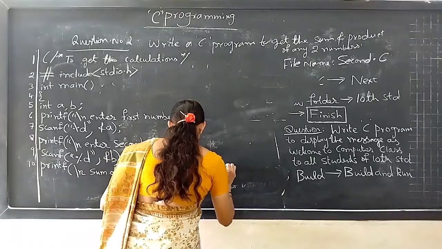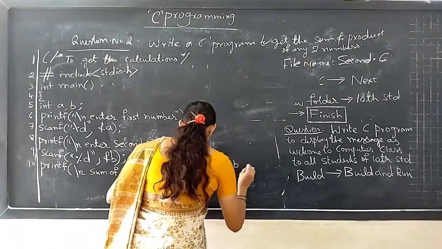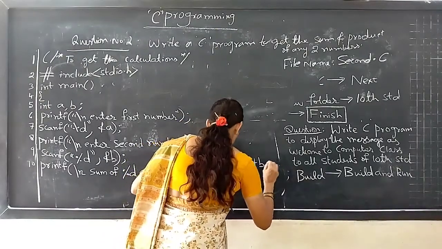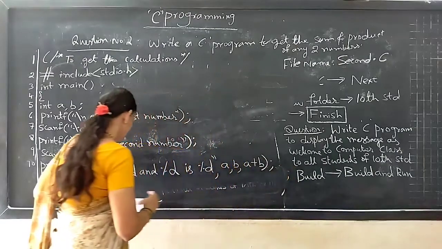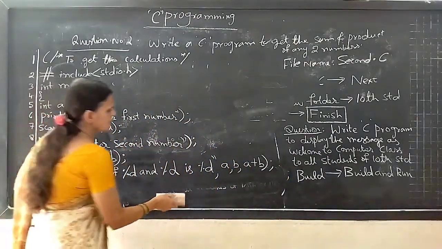Then here you should write the variables a comma b, then comma a plus b, close that and semicolon. This is for getting the sum.